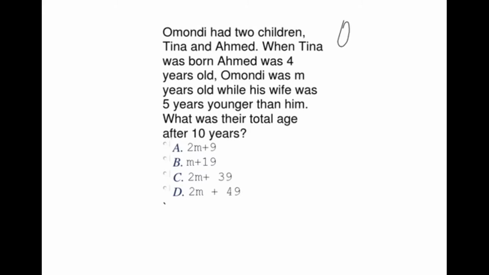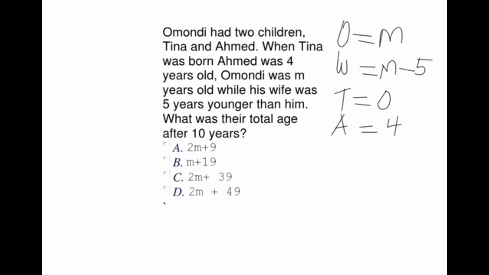So we have Omondi, we are told, was M. His wife was 5 years younger, so we say M minus 5. Then Tina is 0 when Ahmed is 4.